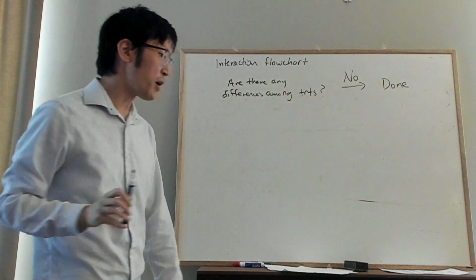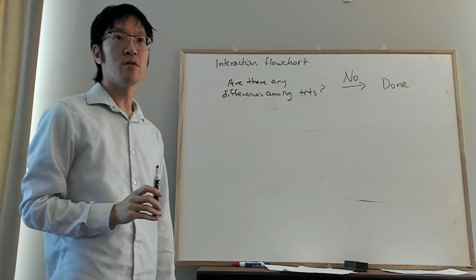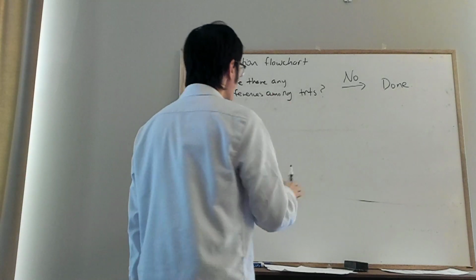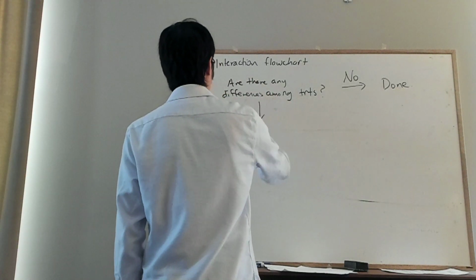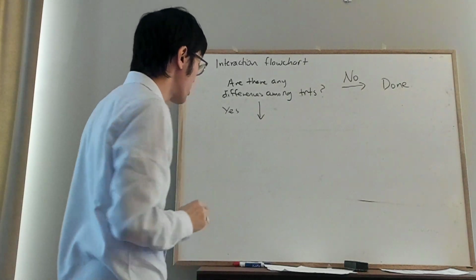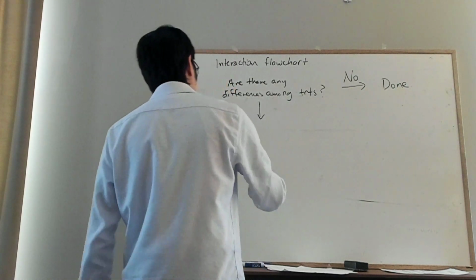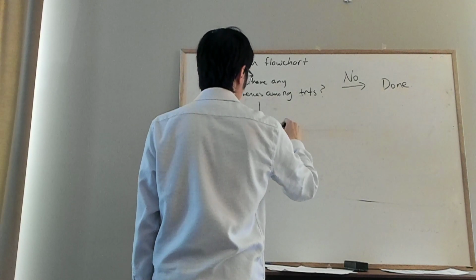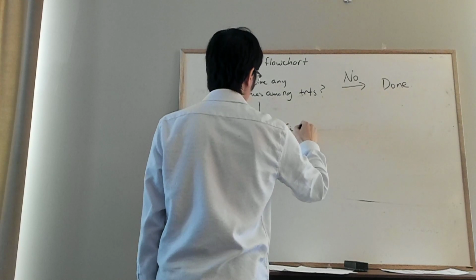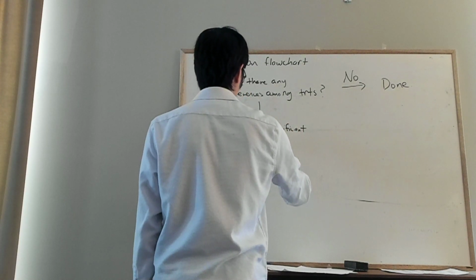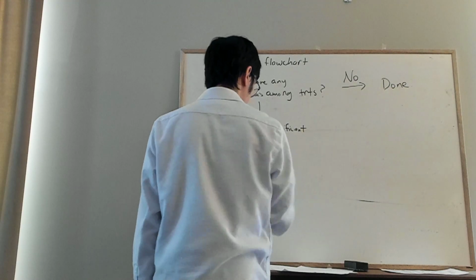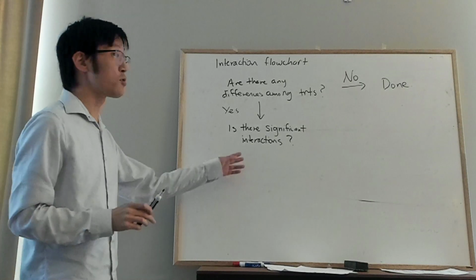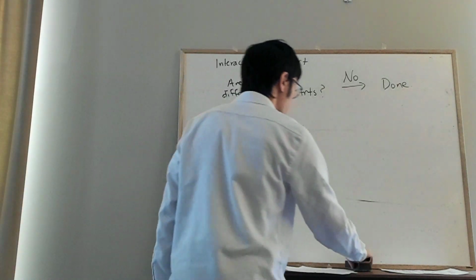The experiment showed that the treatments we did the experiment with don't actually impact the response, so there's nothing else to do. Assuming there is a significant difference among the treatments, then we can now ask, is there a significant interaction? That's answered with the second ANOVA table.